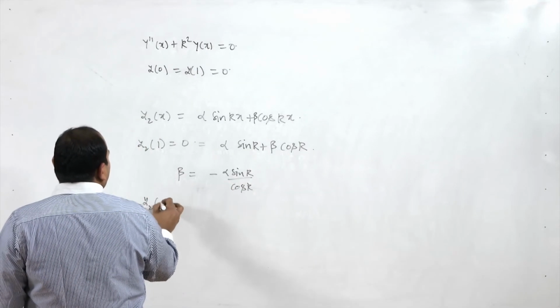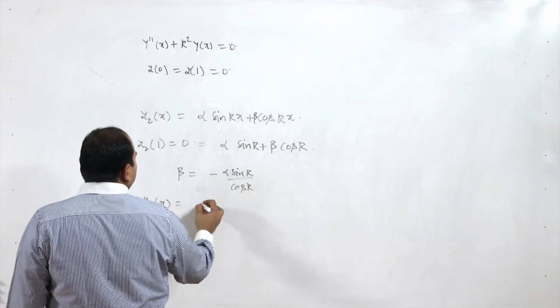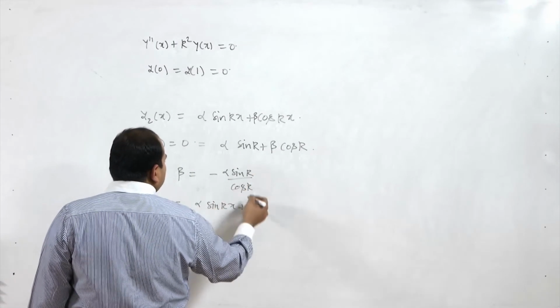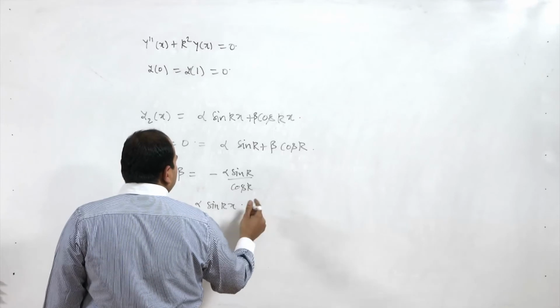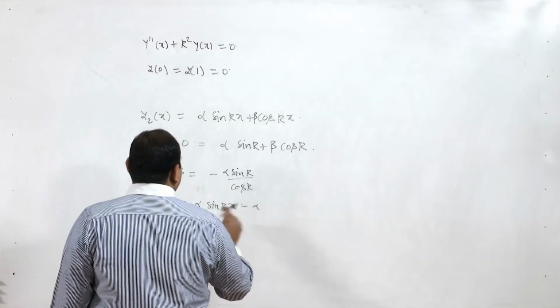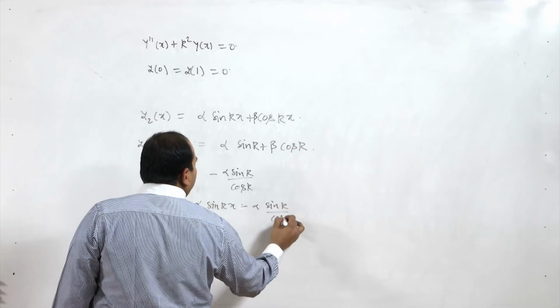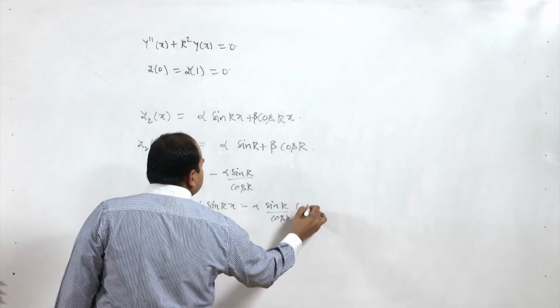So y2(x) equals alpha sin(kx) plus beta, which I am writing as minus alpha sin(k) upon cos(k), times cos(kx).